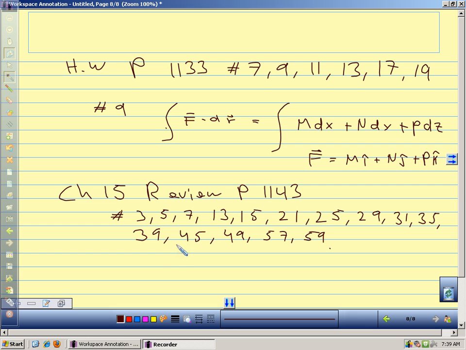These problems are Green's theorem through Stokes theorem. Before that, it's all the other stuff that we did at the beginning of chapter 15. But these problems specifically are Green's theorem and divergence theorem and Stokes theorem.